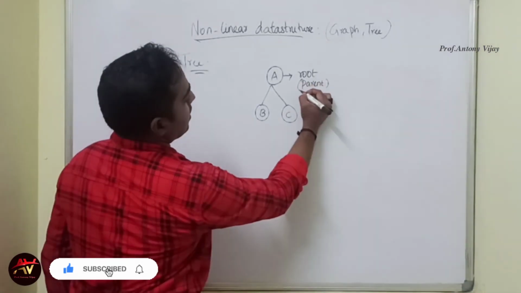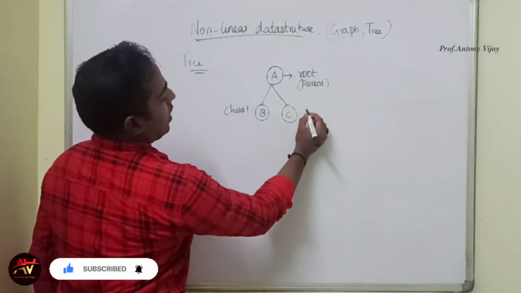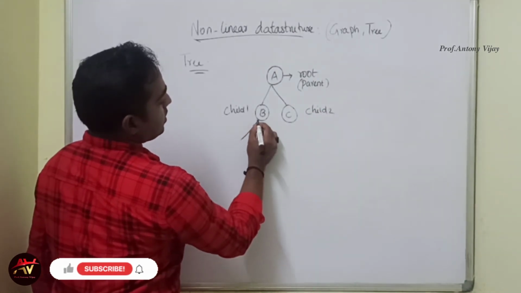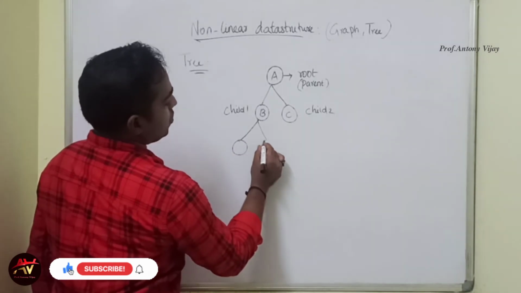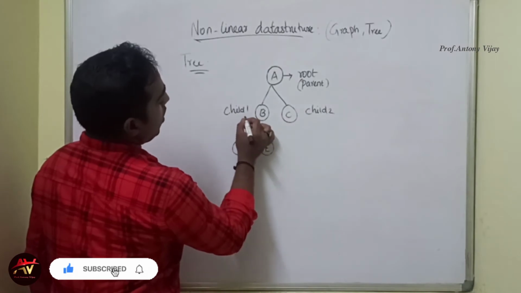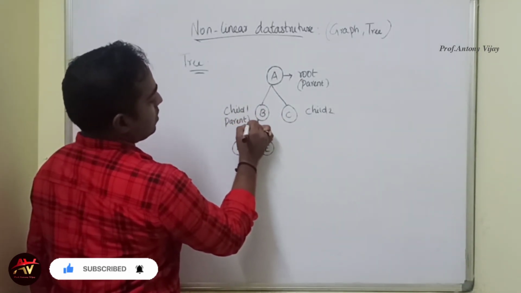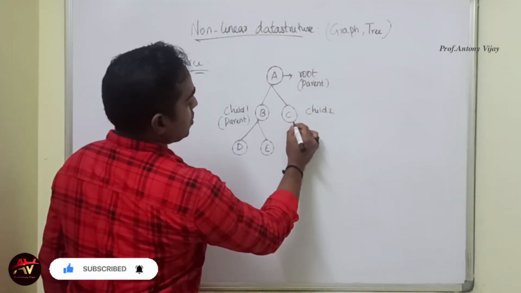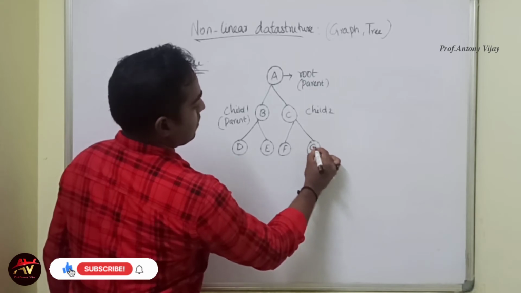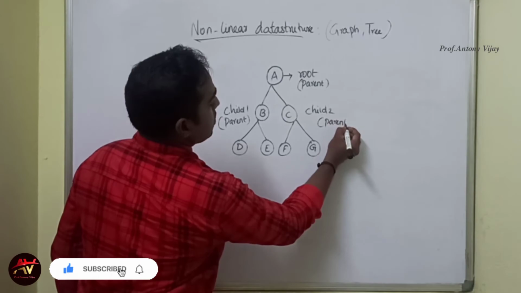A parent can have two children, child 1 and child 2. B and C can have two children, D and E. So child 1 can also act as a parent. Child 2 can also act as a parent, F and G.